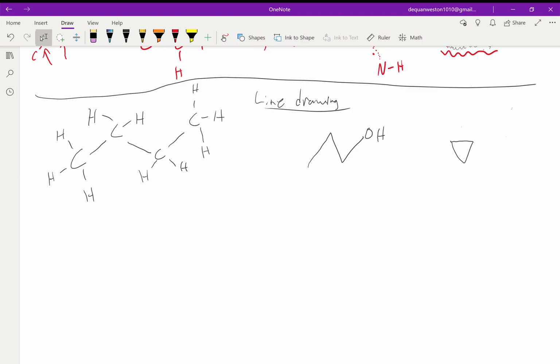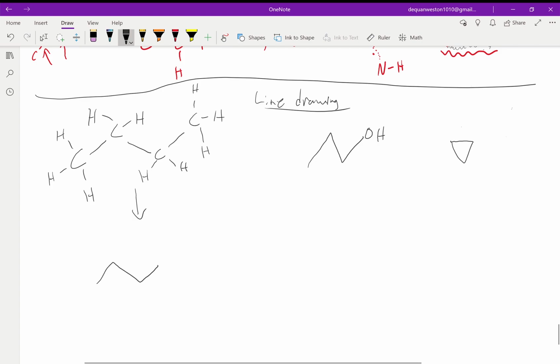every single time this line comes to a point, there's a carbon there. So this one could actually look like this. And so what do we see in this drawing that is no longer there?